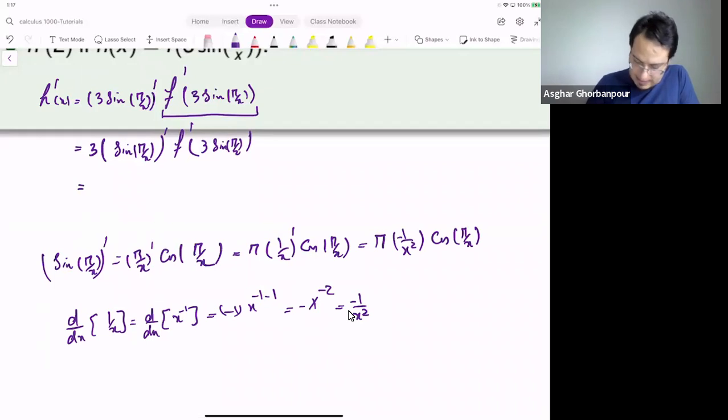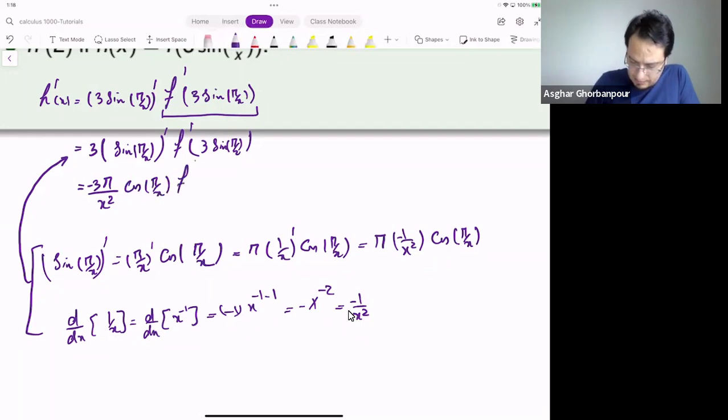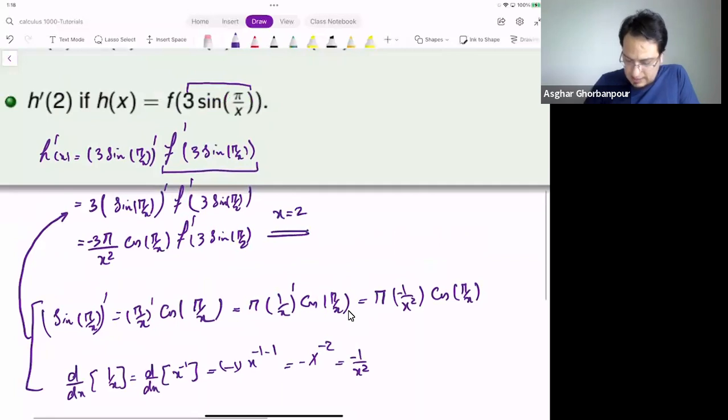I can plug it in here. Just 3 pi minus over x squared cosine of pi over x, f prime of 3 sine of pi over 2. When you set x equal to 2, this is where all the work comes from. So this will be -3 pi over 4 cosine of pi over 2.